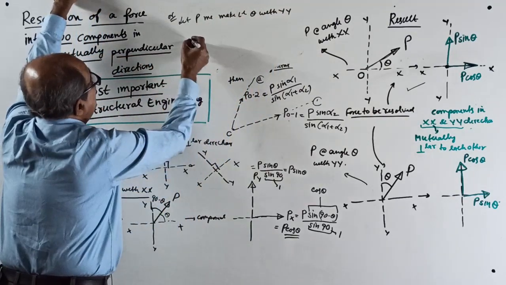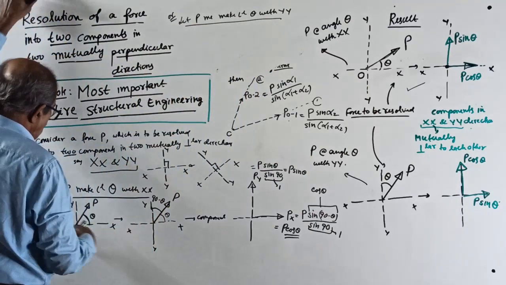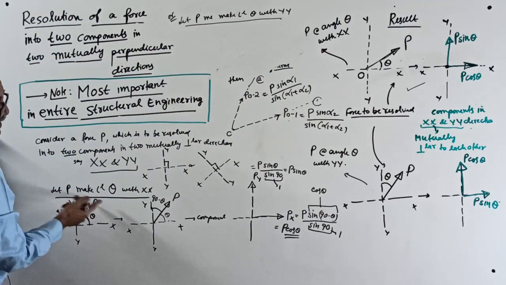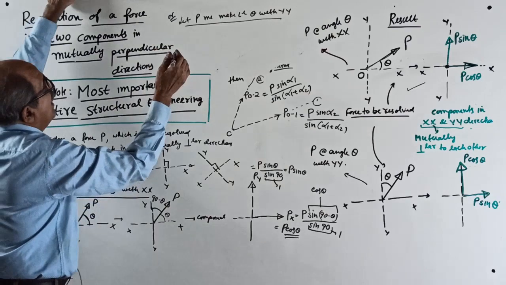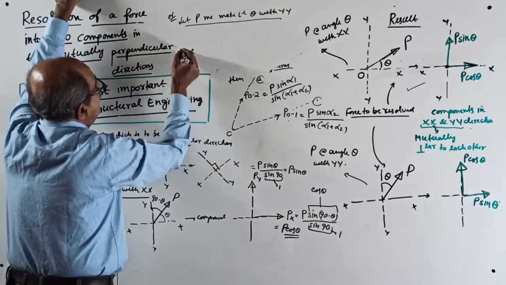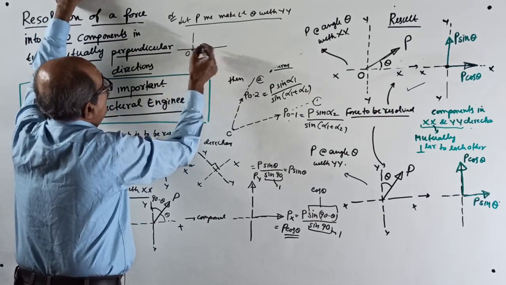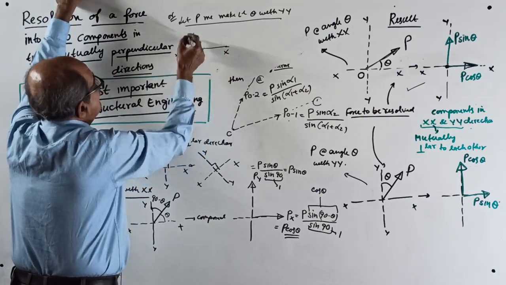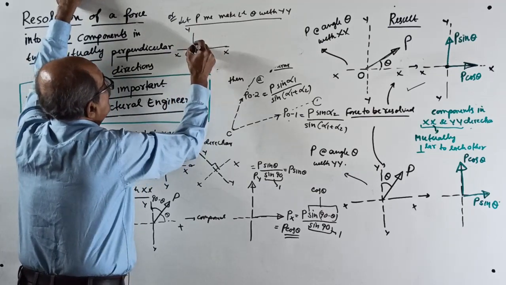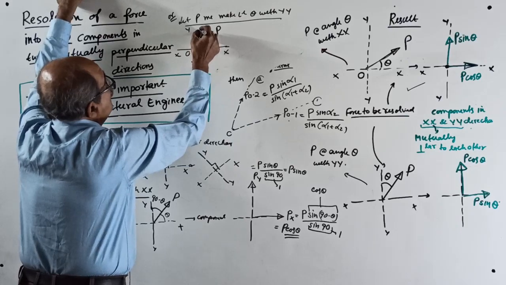Same sketch. Okay, I will do one thing now. I can use this one only. Okay, leave it. I will write here. That is, this is a point O, this is XX, this is YY, and your force P is here, making an angle theta with YY.